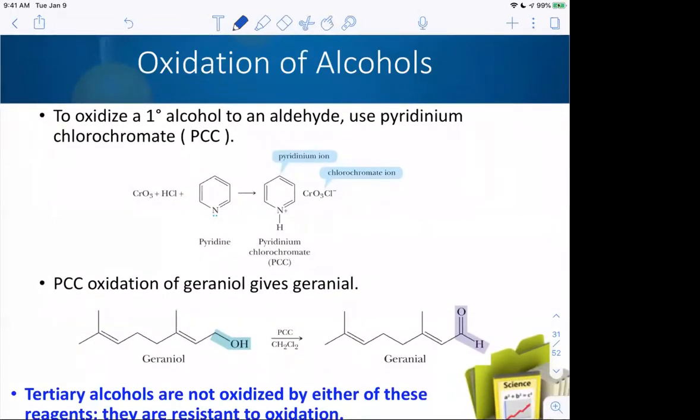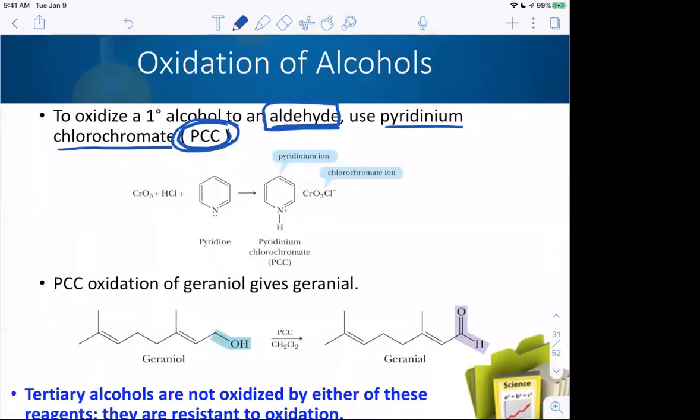Now, if I want to stop this primary alcohol and isolate an aldehyde, I have to use a different set of conditions. This is one such set of conditions. I have something called pyridinium chlorochromate. It's very commonly referred to as PCC.